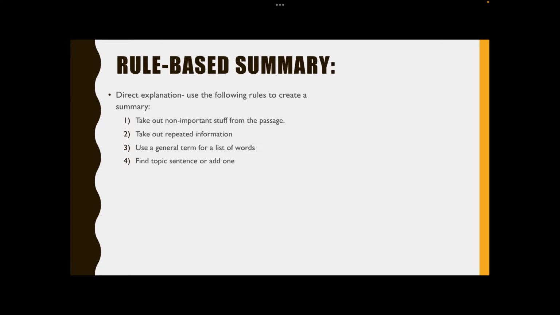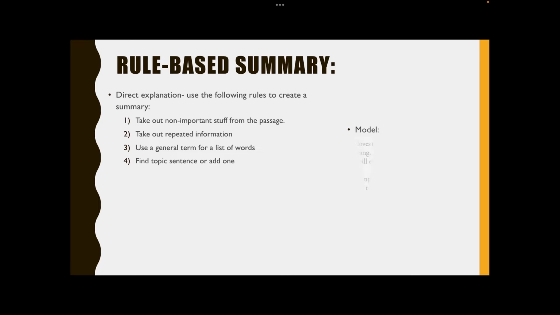So the general term for that would just be trees rather than listing out a bunch of different types of trees. And so then you find your topic sentence, and if it does not have a topic sentence, you create one. We've figured out what topic sentences are in our own writing. So this is just going to be applied in what we're looking for to summarize.